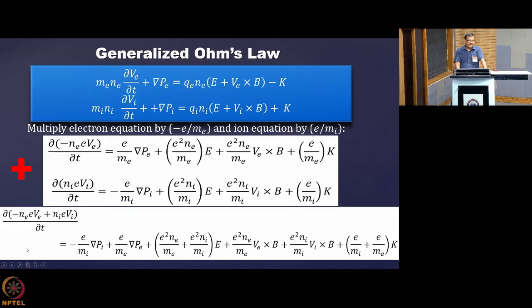And the other thing that we used in this equation for simplification: whenever equivalent terms are there, one divided by Mi and one divided by Me, because of the huge mass difference, more than 1800 times, between the ions and electrons.